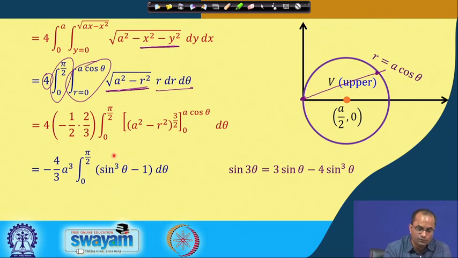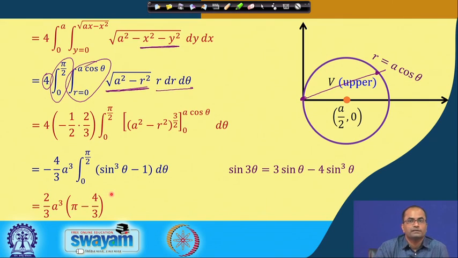So, this sin cube theta we can write in terms of sin 3 theta and sin theta, which are easy to integrate. We can integrate sin theta, we can also integrate sin 3 theta. So, we convert sin cube theta using this identity, and after evaluation of the single integral we will get 2 by 3 a cube times pi minus 4 by 3.